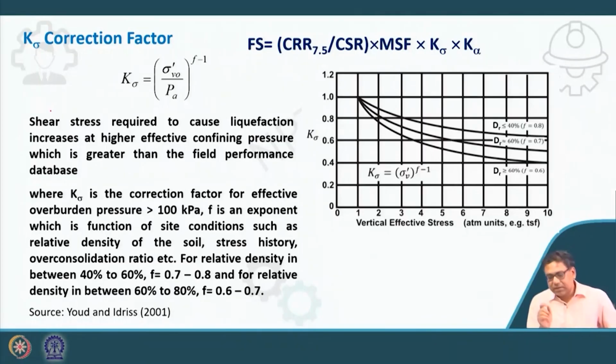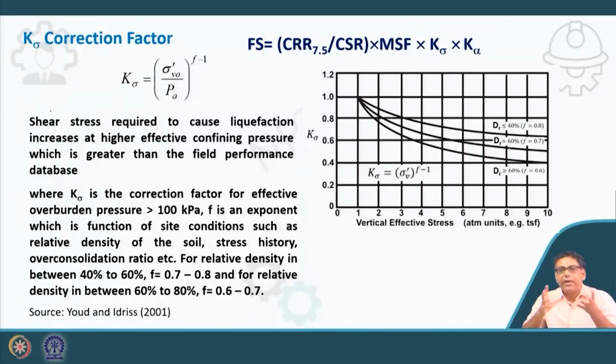Next, we will get the factor of safety, and we are always talking about CRR 7.5. That means all these values or these charts or equations are valid for moment magnitude 7.5. Okay.